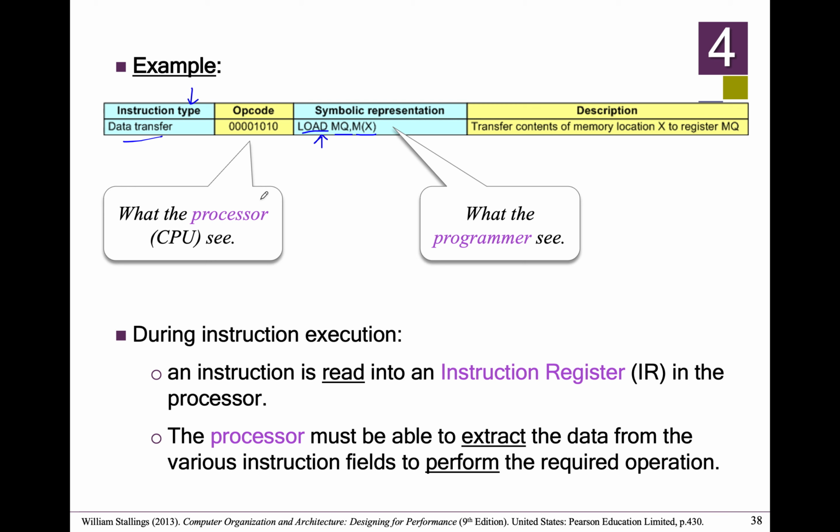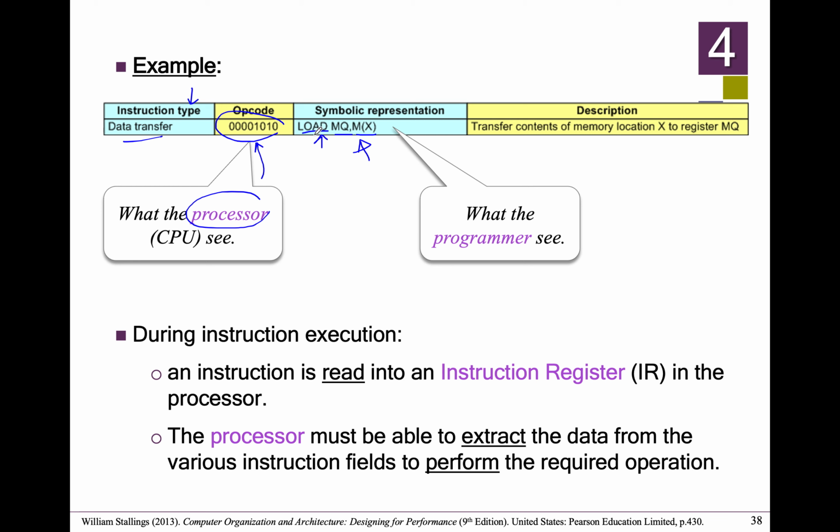And what does the processor CPU see? The CPU will only see the machine code, of course, machine language 01110, depending on what is basically here. And this is the one that you as the programmer see.